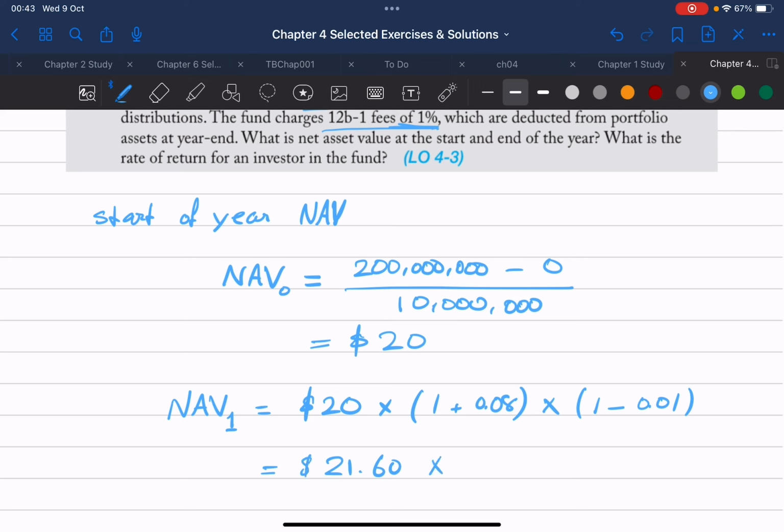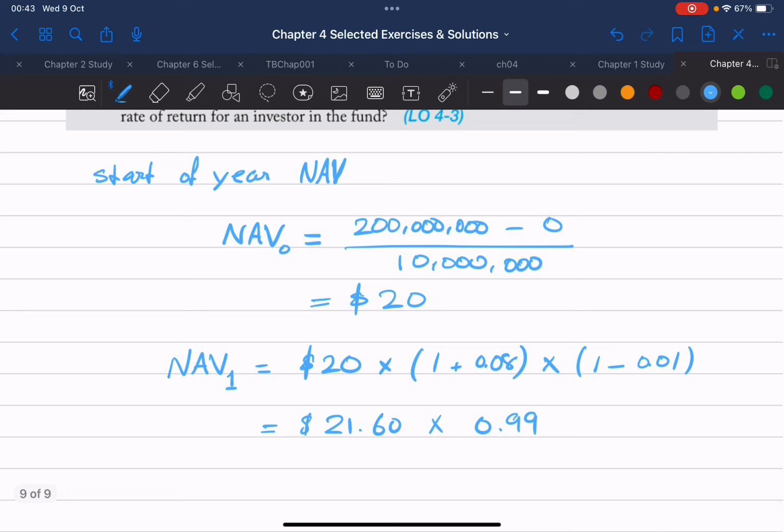Okay, multiplied by 0.99, which is 1 minus 0.01. Run the numbers in my calculator.